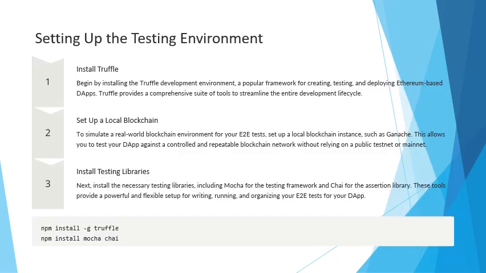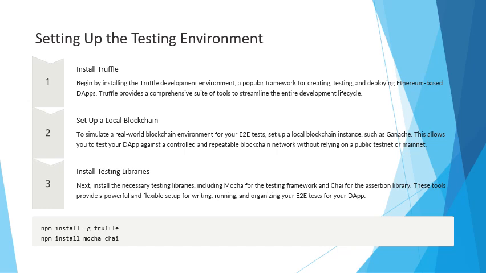So to set up the testing environment, we first install Truffle. Then we set up a local blockchain. To simulate a real-world blockchain environment for your E2E tests, set up a local blockchain instance such as Ganache. This allows you to test your DApp against a controlled and repeatable blockchain network without relying on a public testnet or mainnet.